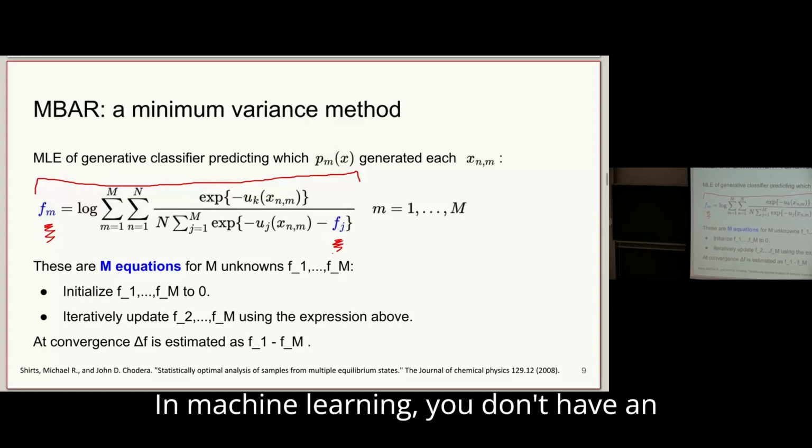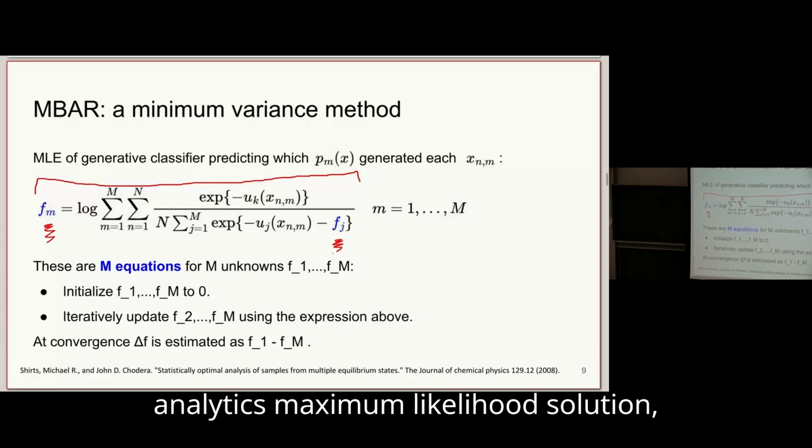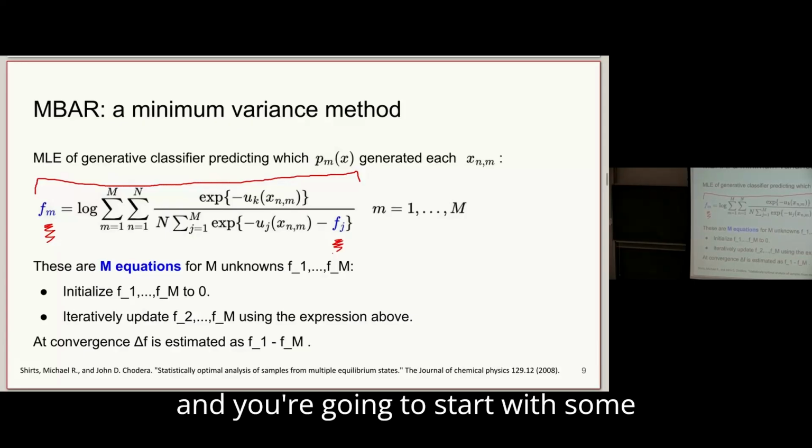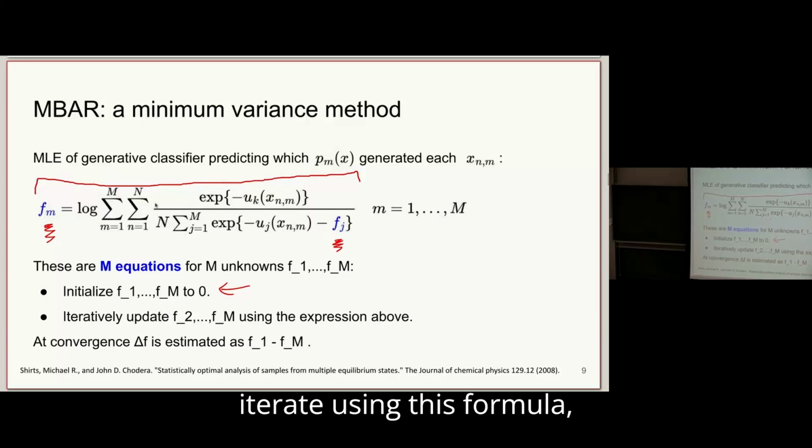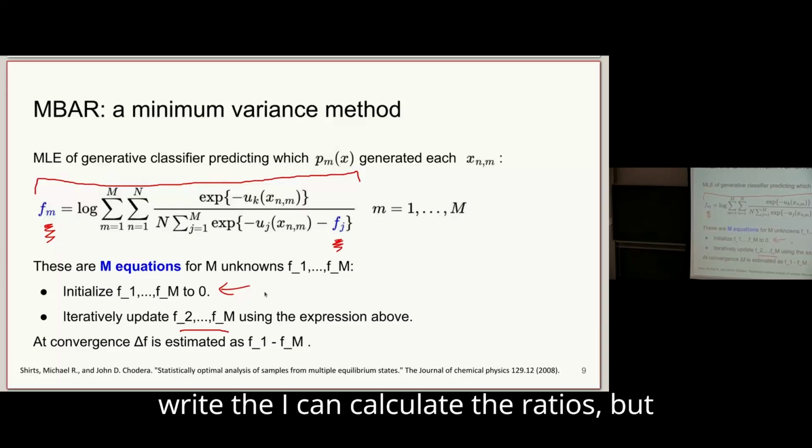In machine learning, you don't have an analytic maximum likelihood solution, but you can do numerical optimization, and you can start with some initial value for the log normalizers. Maybe they are all set to 0, and then I iterate using this formula, updating all the log normalizers. I can only evaluate the right ratios. Okay, I cannot evaluate the exact normalizers. I can calculate the ratios, but that's enough.